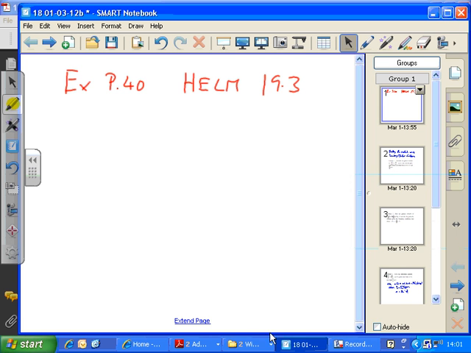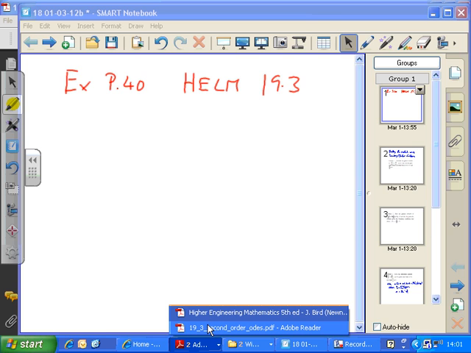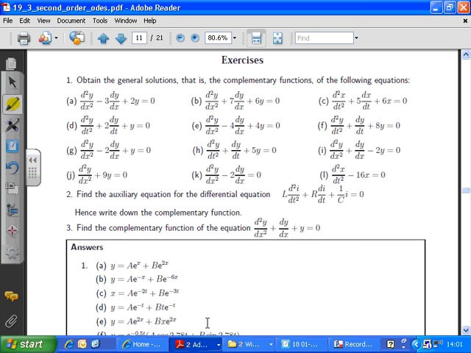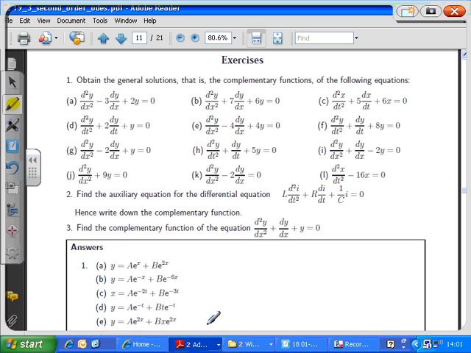Okay. So looking at the exercises you were left with last time, I just want to have a look at one of these and then we'll move on to the next step, which is this one: d2y by dt squared plus 2 dy by dt plus y equals 0.